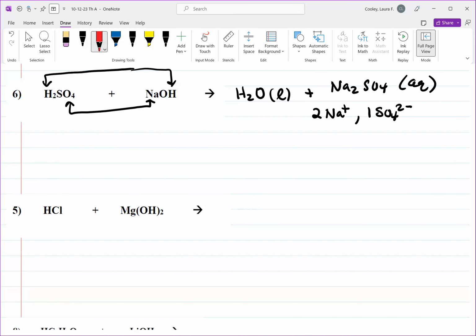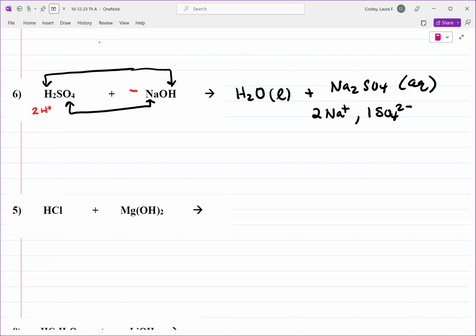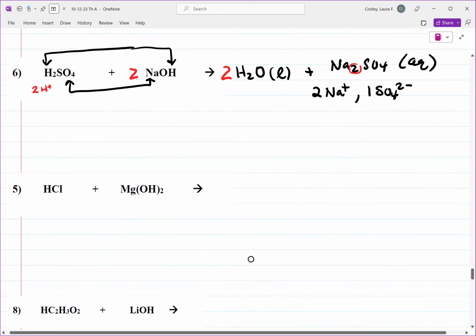But this does need a little balancing. So you could see that you have 2 H's here. So you would need to combine with 2 OH's to get 2 waters. And that's right, that's perfect because you have a Na2 there. So like I said, if you get the formulas right, the balancing is much easier. You can't really balance a lot of the time if the formulas are wrong.